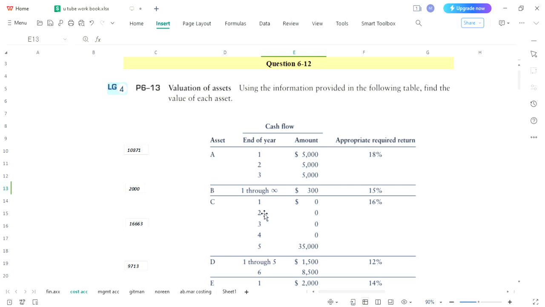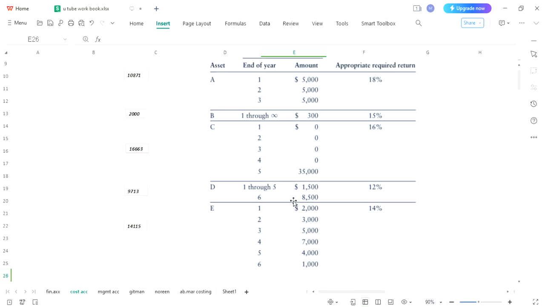In category C, the first four cash flows are different and the fifth is different. In category D, the first 5 cash flows are the same, but the sixth cash flow is different. In E, each and every cash flow is different.